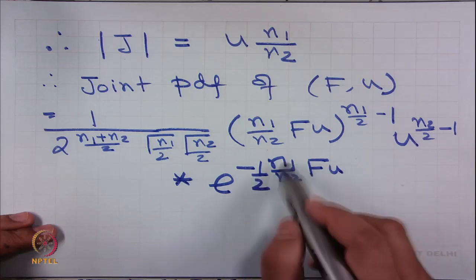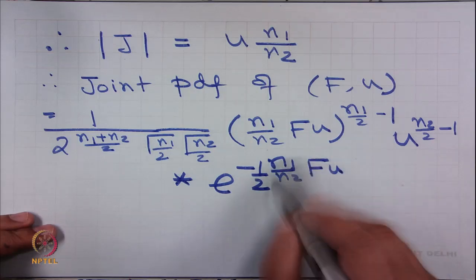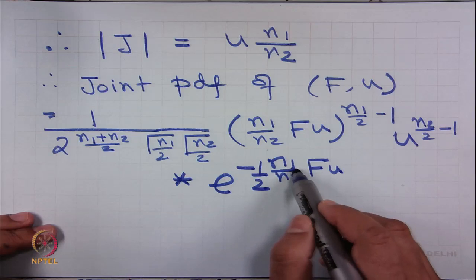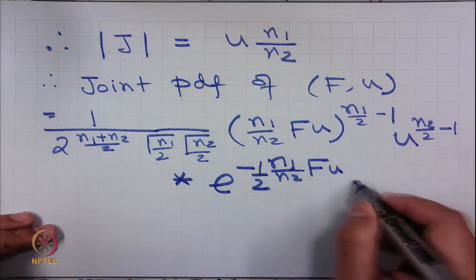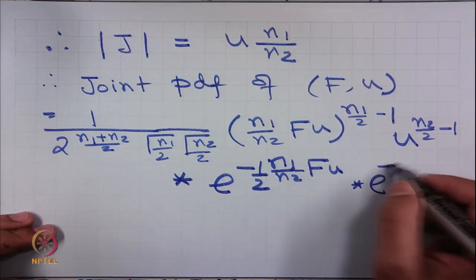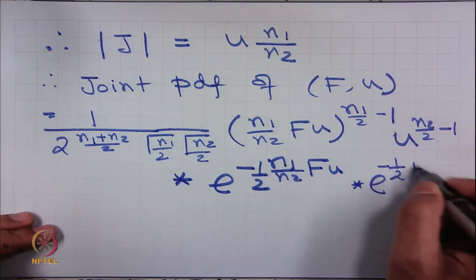So, e to the power minus half x, x is x1, is n1 upon n2 f u, into e to the power minus half u.